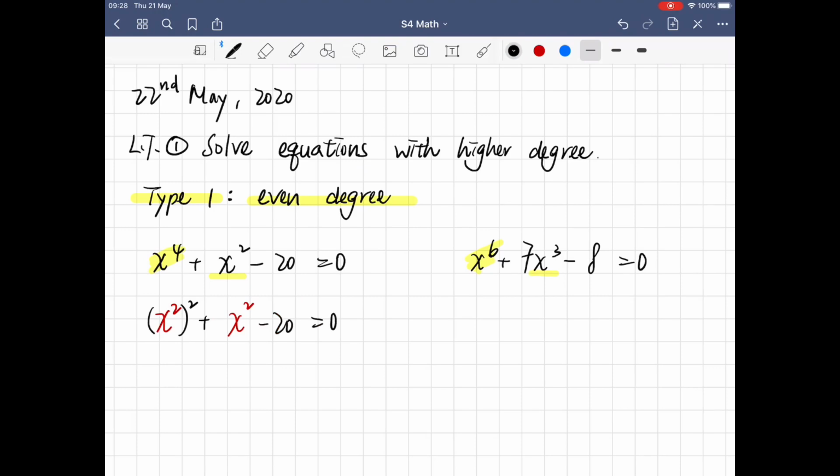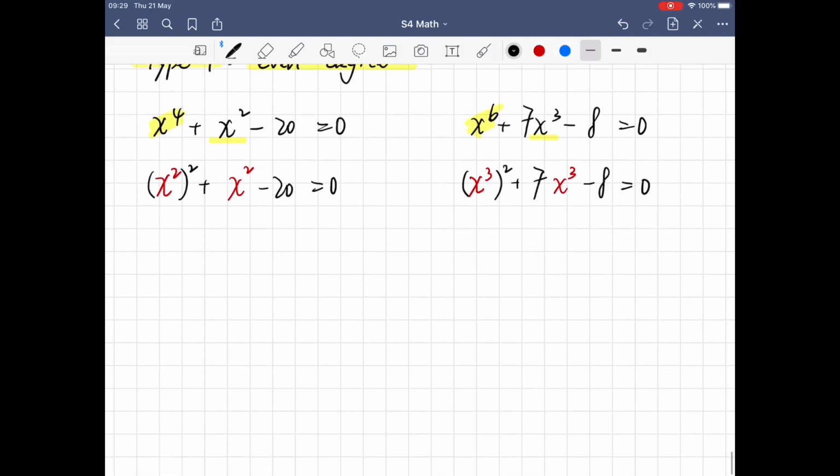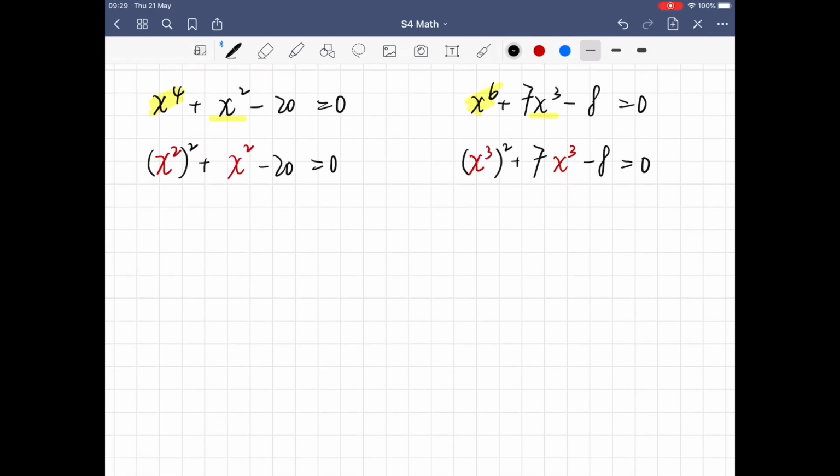Similarly, for the second question, we can simplify x to the power 6 into (x to the power 3) squared plus 7x to the power 3 minus 8 equal to 0. Then we can form a quadratic equation. For the first one, it is with respect to x squared, and the second one, it is with respect to x to the power 3.